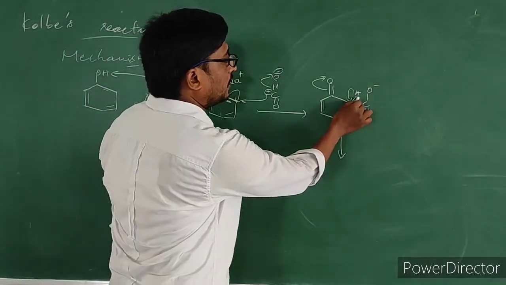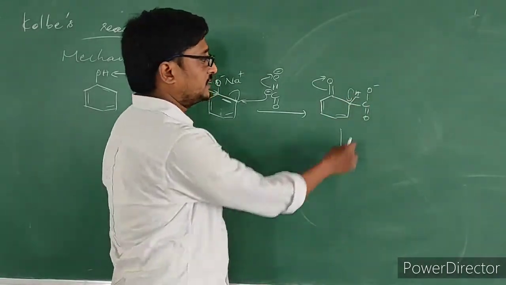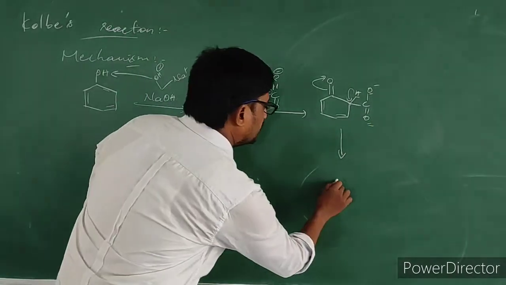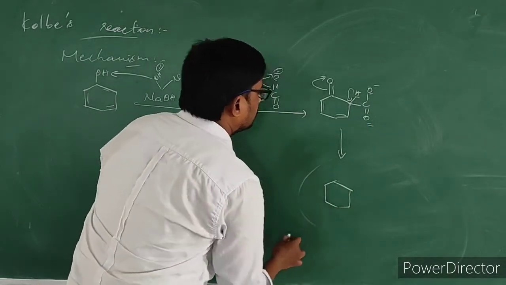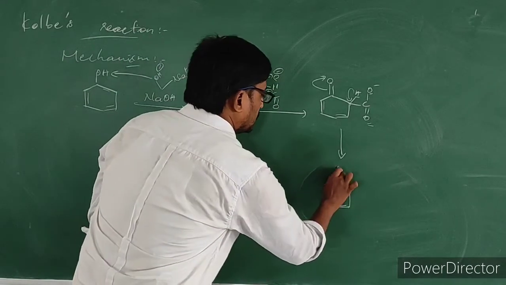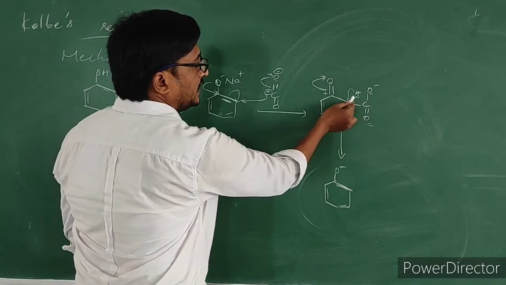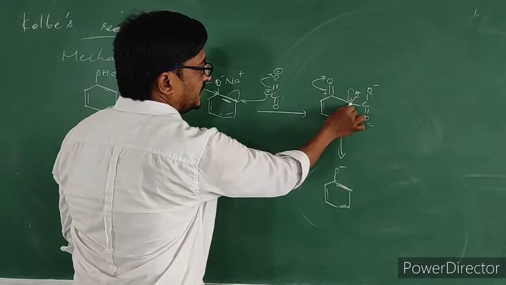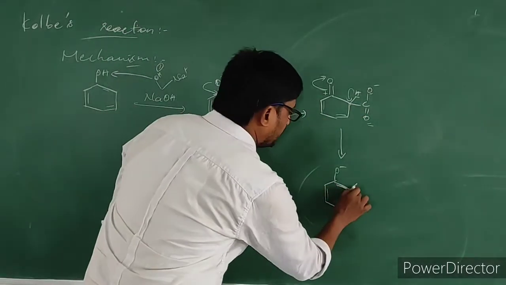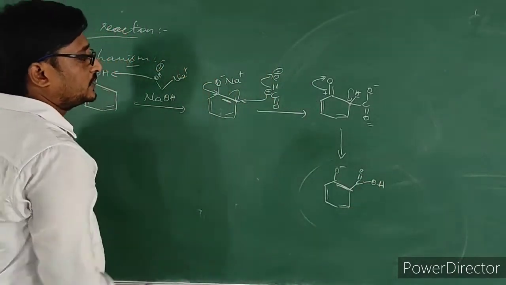The hydrogen which got liberated as H plus will go and bind to this O minus oxygen, making it COOH. If this bond is shifted towards this oxygen, it will get a negative charge. If hydrogen comes out as H plus, this will get a negative charge. Negative and positive again form a double bond. This is the product which gets produced.